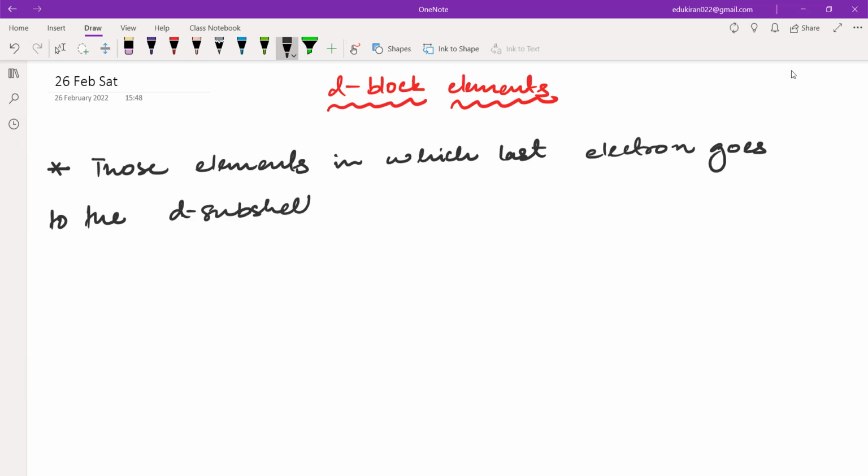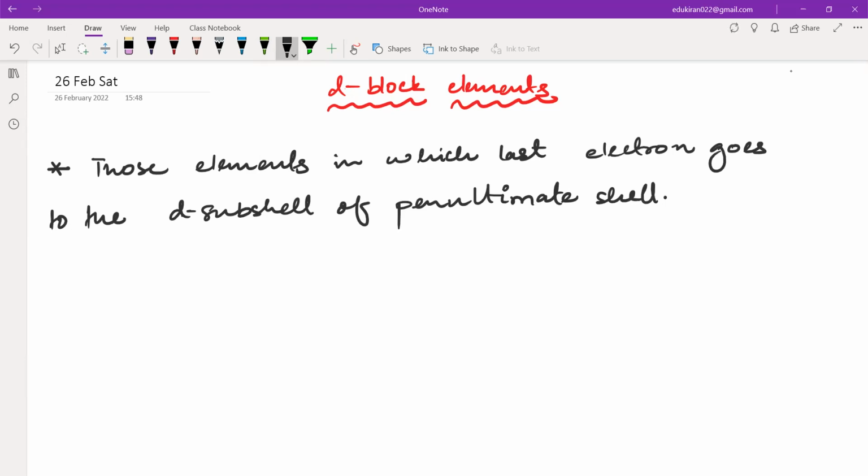अगर आपको आगे लिखने के लिए, then I'm giving you a very nice word in English: goes to the D subshell of the penultimate shell. Penultimate means second last.